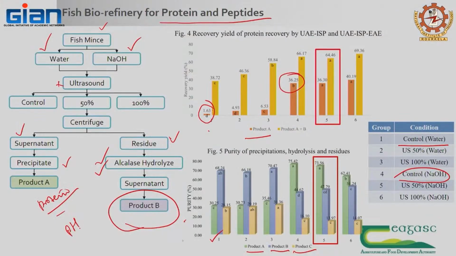Now, the question is, if you use 0.5 or 2 molar alkali, will you get more protein? This is also very important. One is the pH. Yeah, we can achieve pH 12 by using alkali, yeah, or take an acidic one. You can achieve pH 3 by using hydrochloric acid, H2SO4, citric acid, acetic acid, lactic acid.